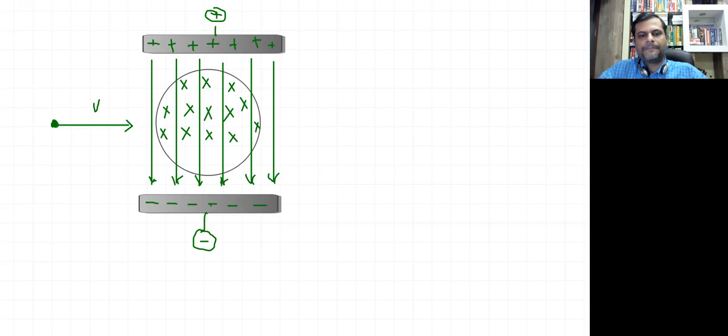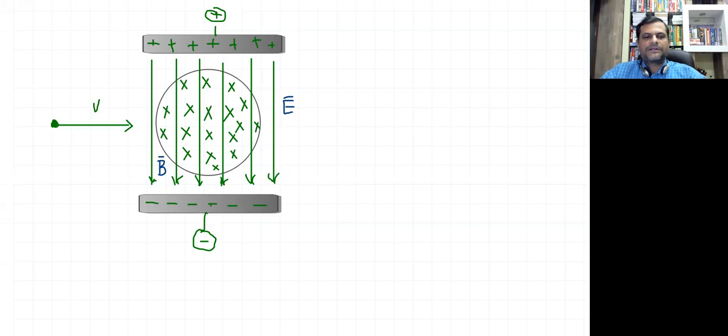Its magnetic induction will be given by B bar. The magnetic field is expressed as B bar and is directed inwards, and the electric field is expressed as E bar, which is directed downwards.